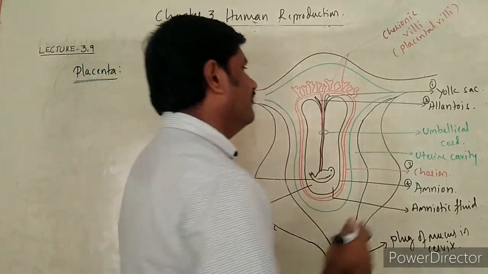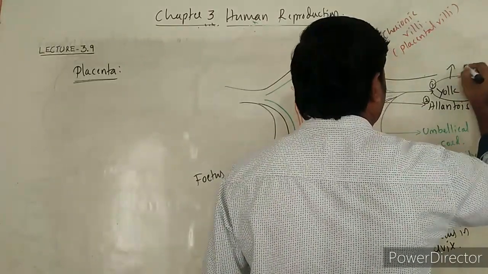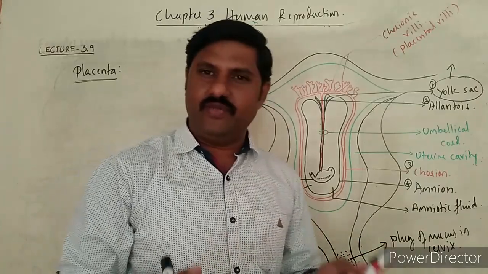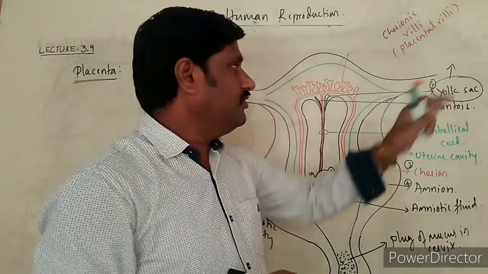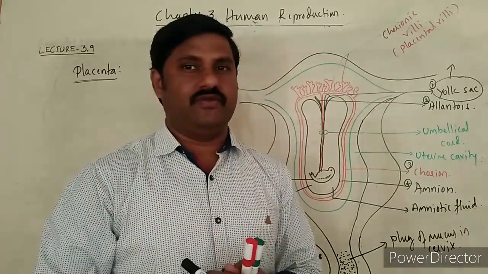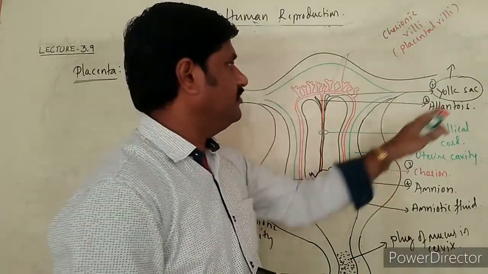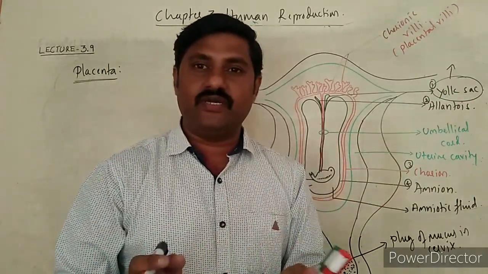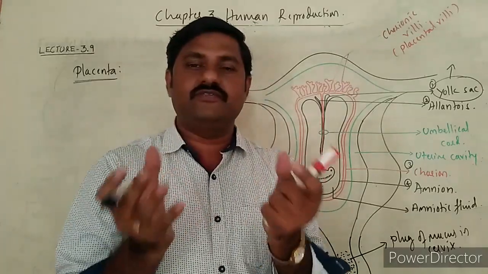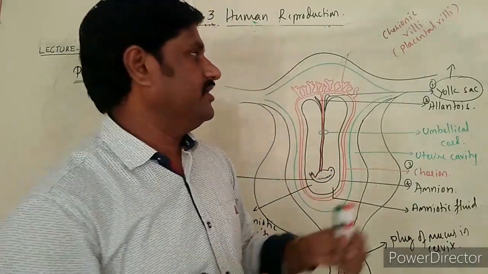Here one more thing we must remember. This yolk sac is not so well developed in the case of human beings. Why? Because the yolk itself is the nutritive tissue for the developing embryo. In non-placental organisms, this yolk plays a very important role, because that yolk is utilized by the developing organism. That is a very important point to be remembered.